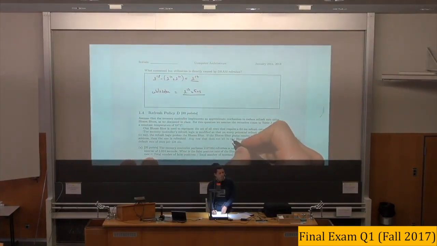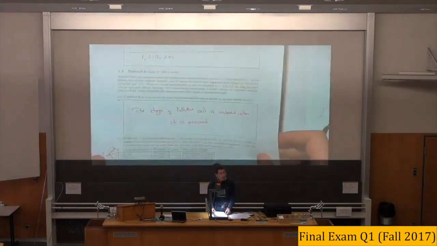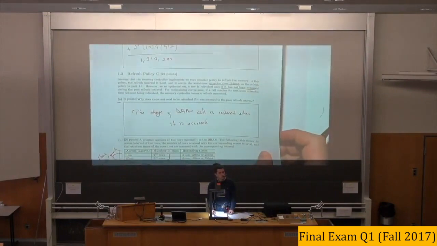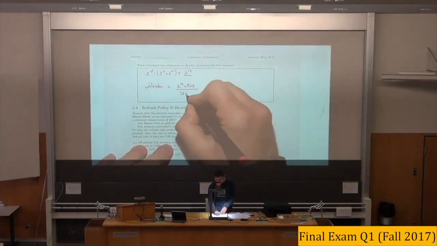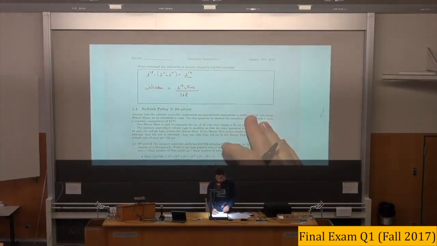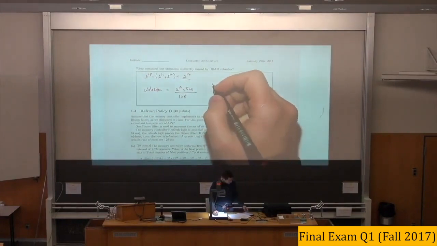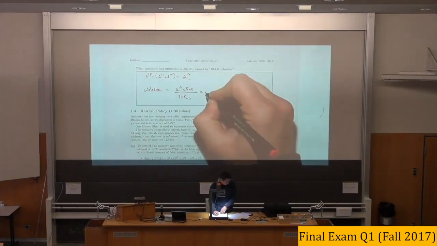But remember, the refresh interval will not be 64 anymore, because we will be refreshing those rows once in each two refresh intervals. So the refresh interval will basically be 128, not 64. And this will result, I believe, like this.